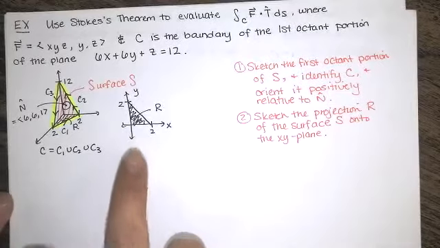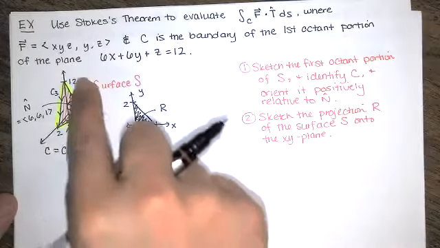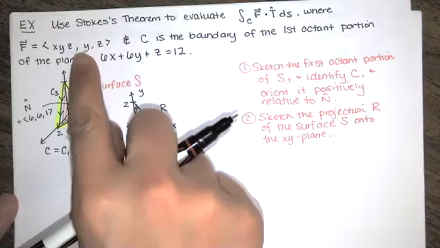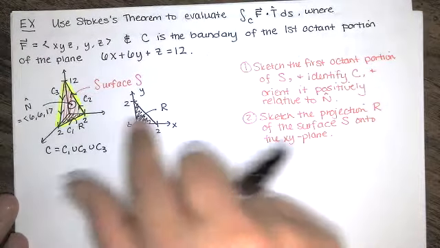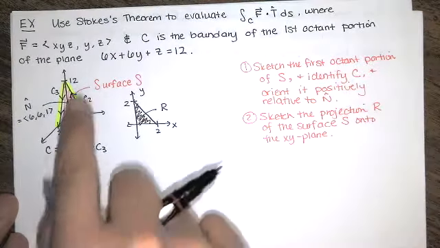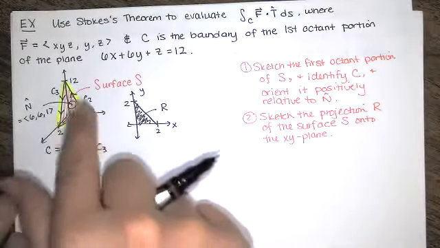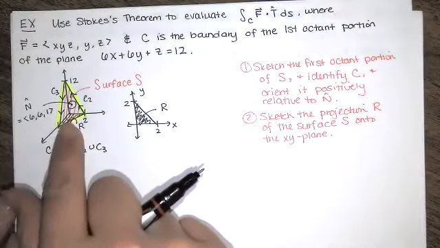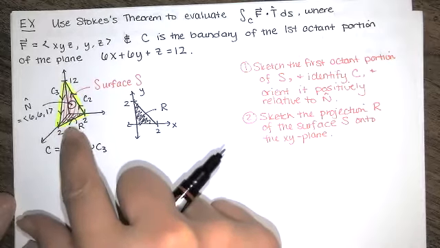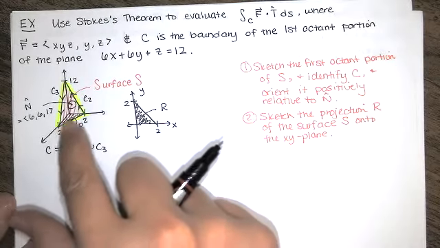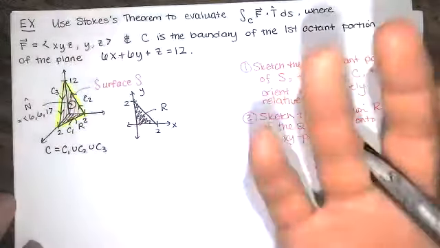And now we're here. So it says, use Stokes' theorem to evaluate this line integral, where this is our field and C is the boundary of this curve. Now, if Stokes' theorem applies, rather than evaluating this line integral, we'll evaluate a surface integral over the surface S. And that'll be really nice because it'll just be a single double integral as opposed to a line integral over C1 and a line integral over C2 and a line integral over C3 that we have to find and add together.